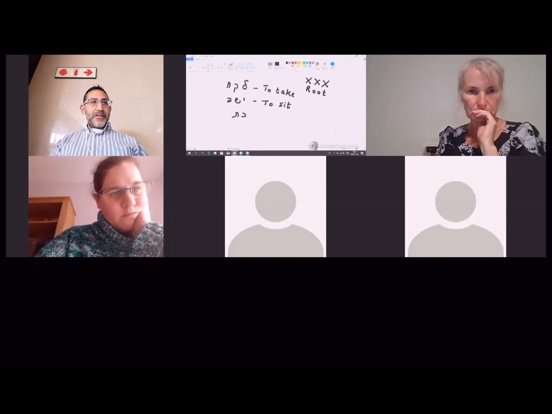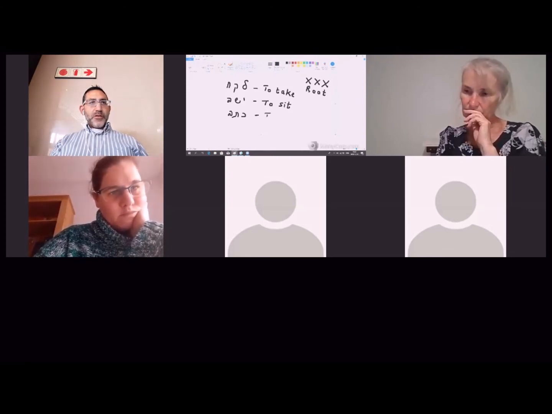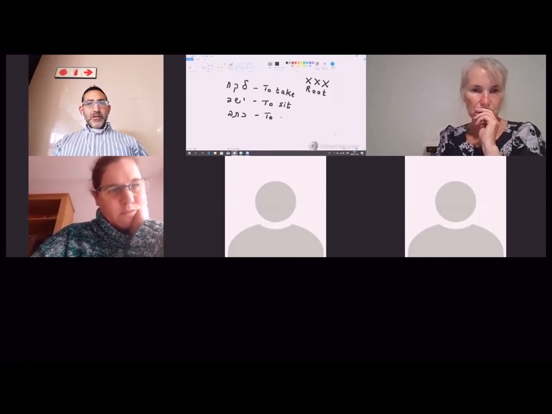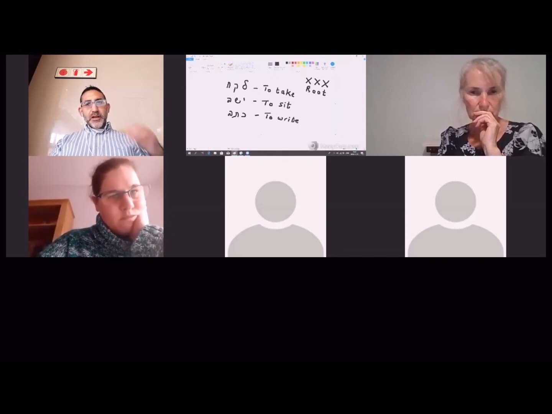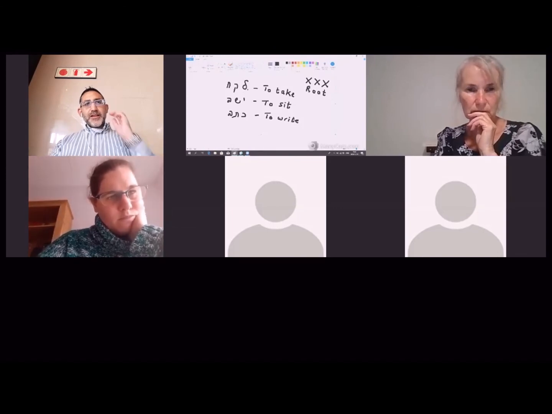Kasav is to write. So here we have examples of 3 verbs with their roots. Each one has just 3 letters. So lakach, to take, yashav, to sit, kasav, to write.